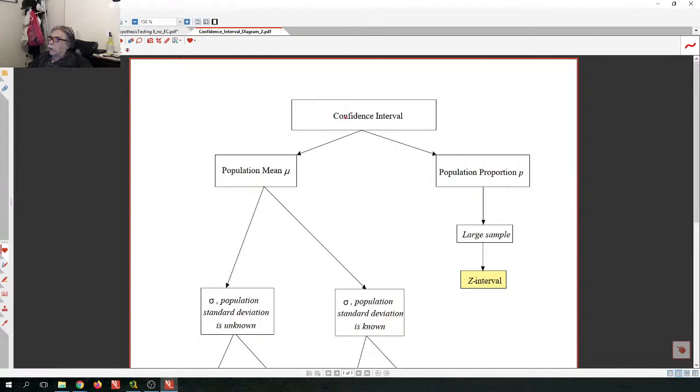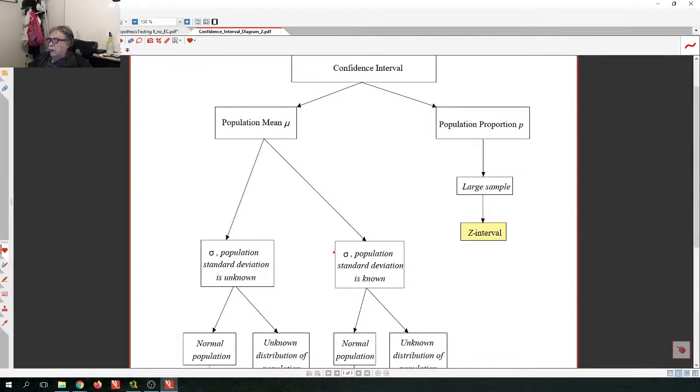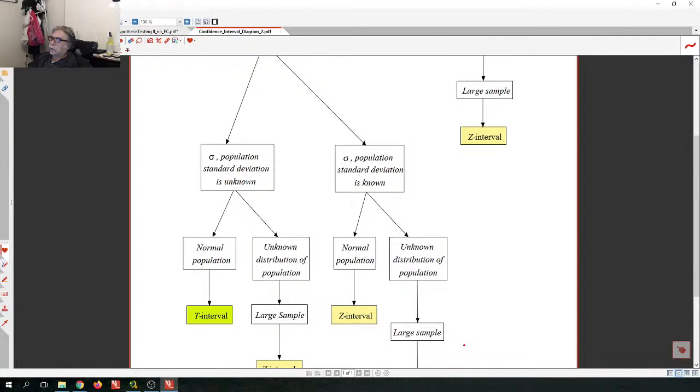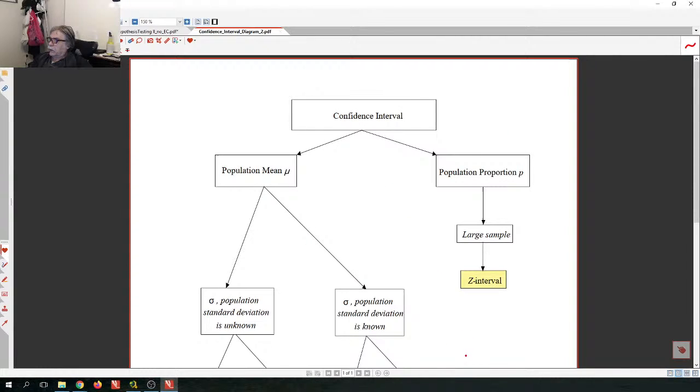You will not be looking for a confidence interval, you'll be looking for a test. So instead of confidence interval, you're doing the test here. The same blah blah blah. You end up with z-test, you end up with t-test, you end up with z-test. Exactly the same diagram, only you change confidence interval with test.